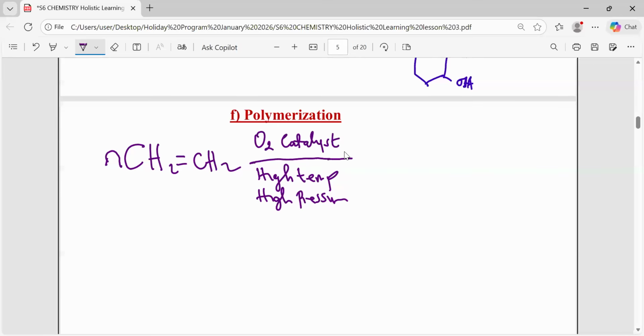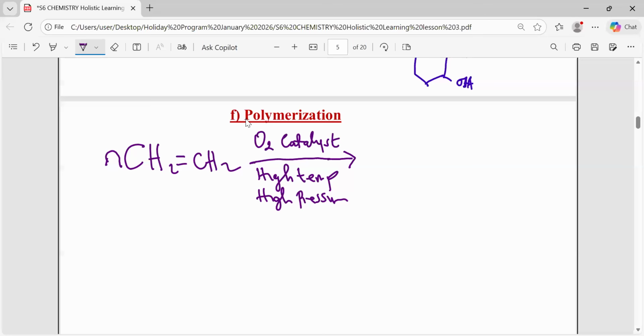Which product do we get when polymerization takes place? Maybe to give you a simple introduction on polymerization, I believe we all know it. The reason I normally do this is because we have these notes for the chemical properties, so we are just trying to practice, yeah?